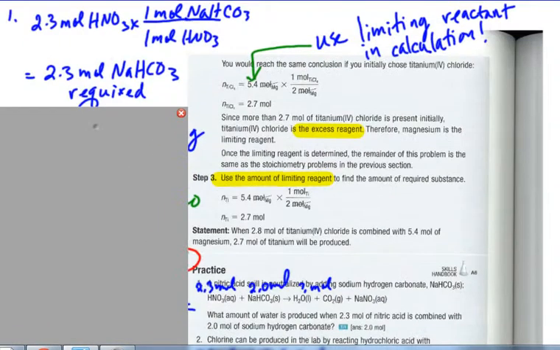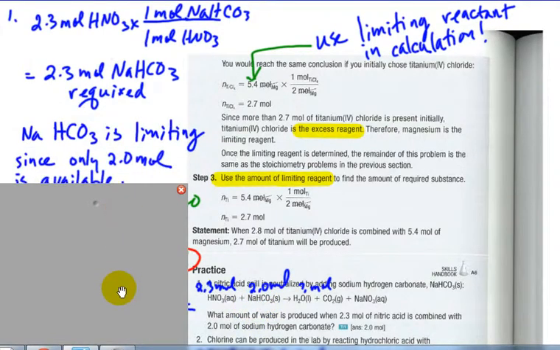So if I start off with nitric acid, 2.3 moles of HNO3, and of course it's 1-to-1. 1 mole of HNO3 reacts with 1 mole of NaHCO3, so we would need 2.3 moles of sodium hydrogen carbonate, but I only have 2 moles. So that tells you right there that I'm limited by sodium bicarbonate, so that is going to be my limiting reagent.